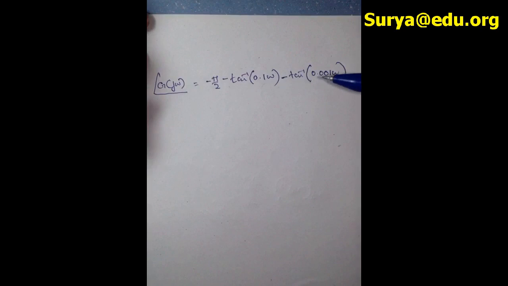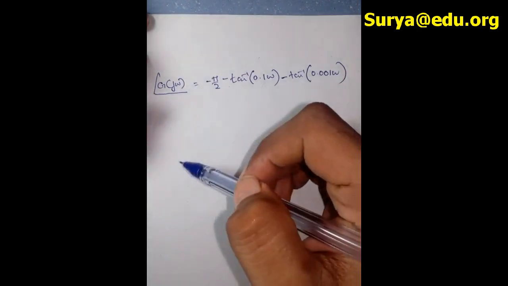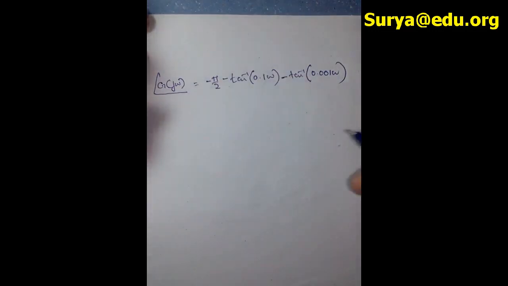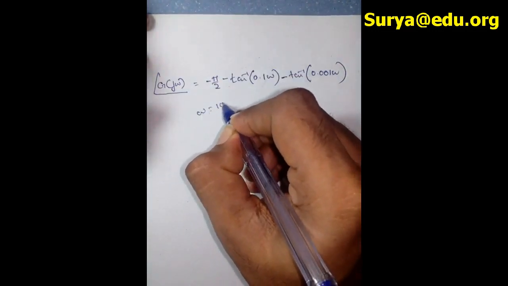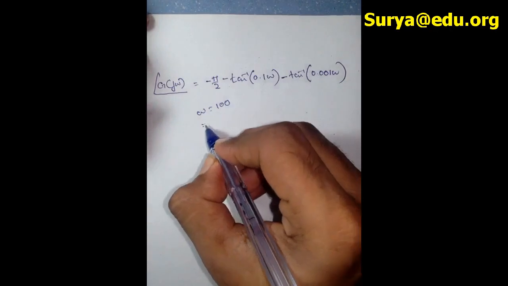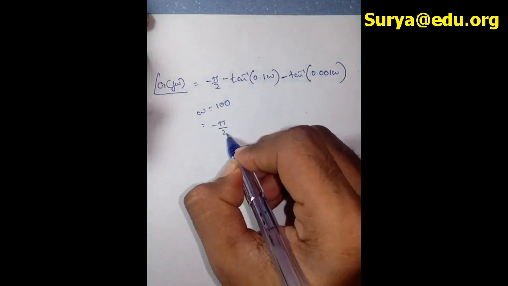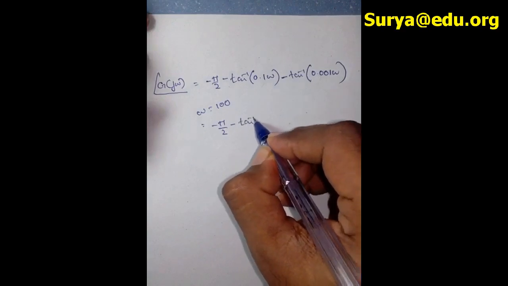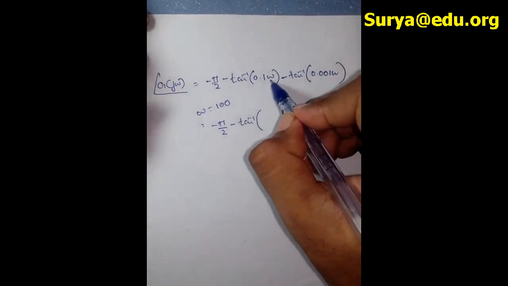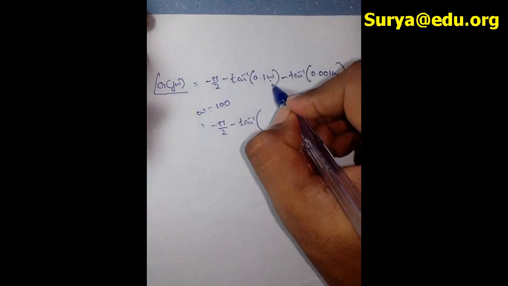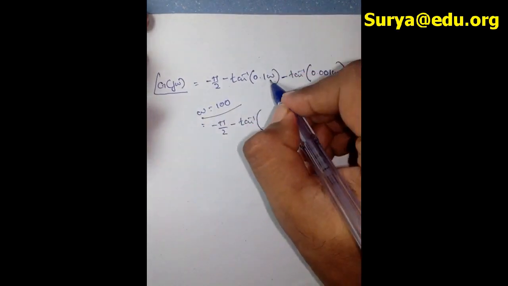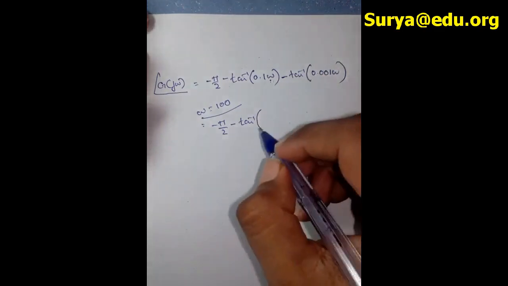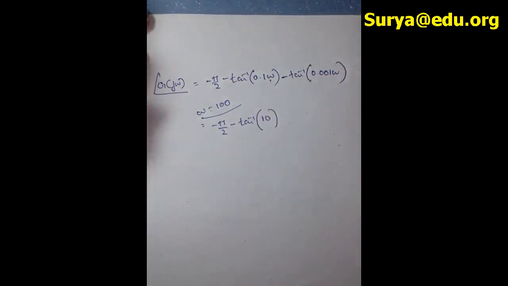So what is the next thing? Just put some value for omega and find the argument. Now we will put omega equals 100. So minus 5 by 2, minus tan inverse of 0.1 times 100, which becomes 10, so tan inverse 10.